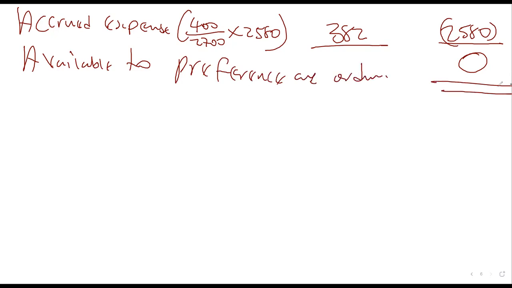They are getting nothing. End the story here. Once they are getting nothing, don't continue. If there's some remainder, preference shareholders take their money first before ordinary shareholders. But here, there's no money left. So that is all.